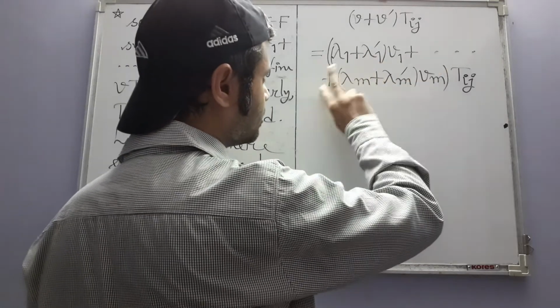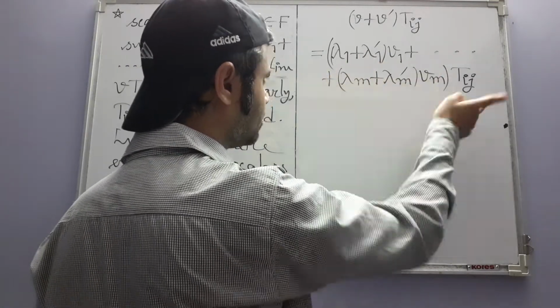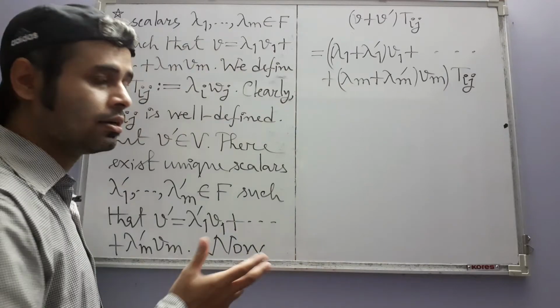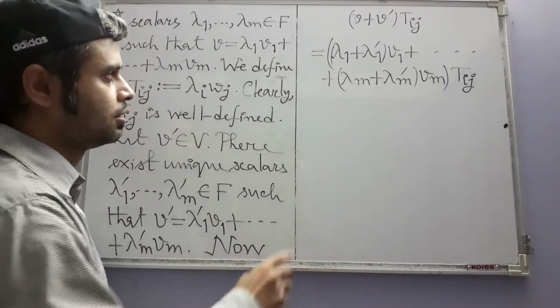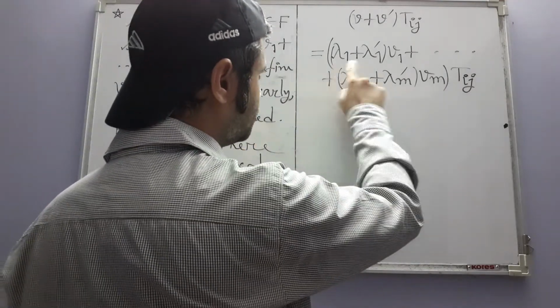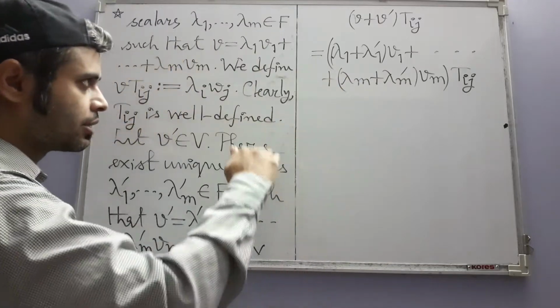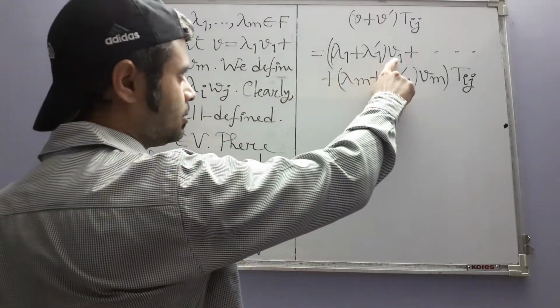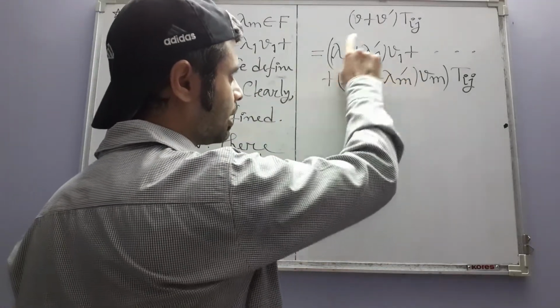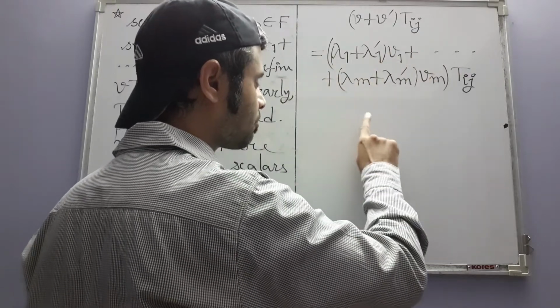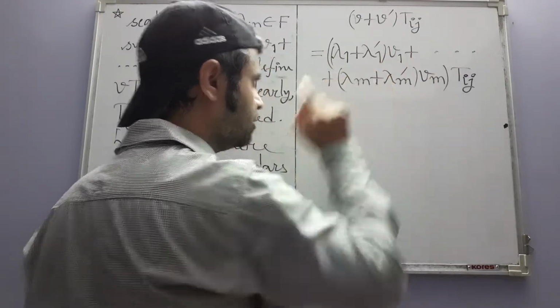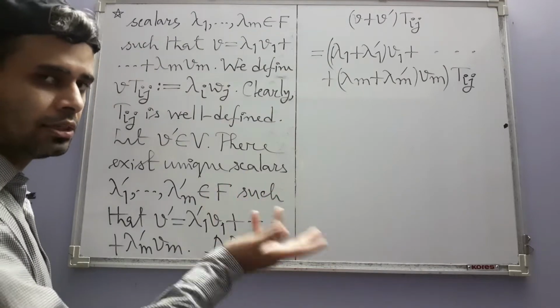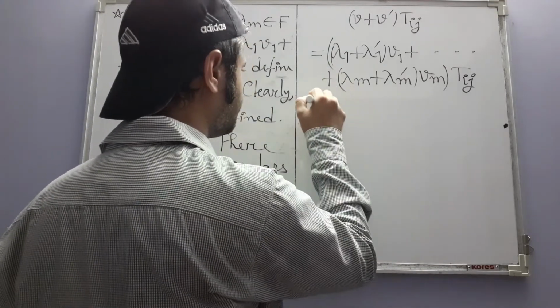So you can write the terms in any manner you want, write the vectors, and then we have used one of the vector space axioms in taking v1 common out and writing lambda 1 v1 plus lambda 1 prime v1 like this. That's what we did here basically.